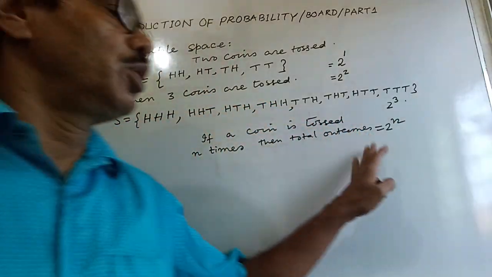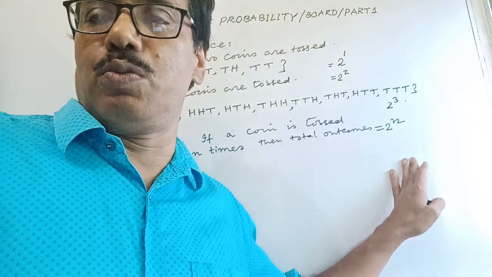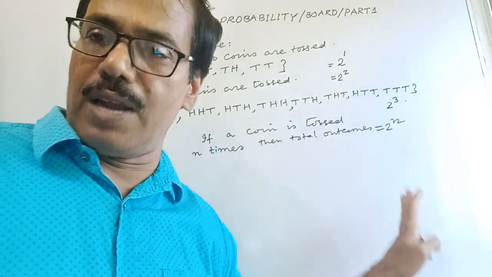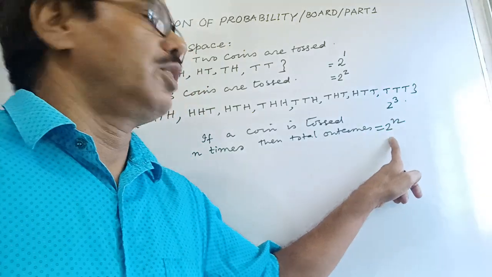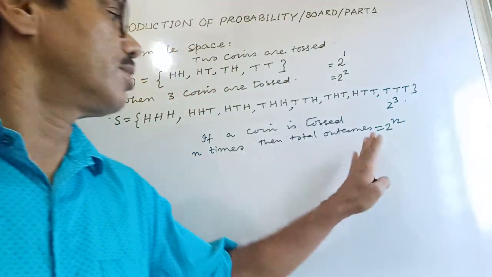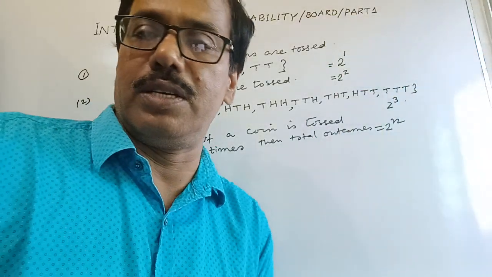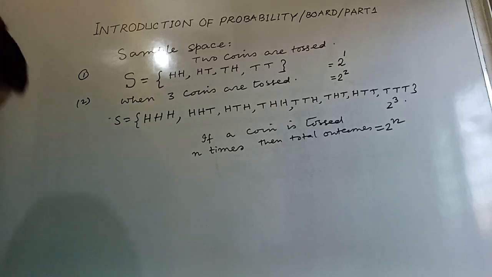For the first toss it is 2, for the second it is 2, for the third it is 2, for n tosses it is 2. So by the fundamental principle of counting, 2 to the power n. This is a result of permutation and combination.